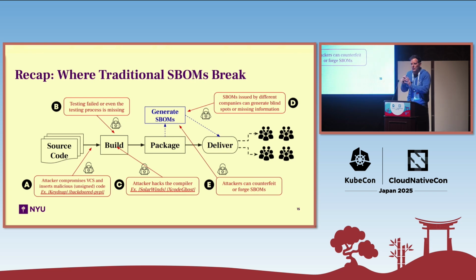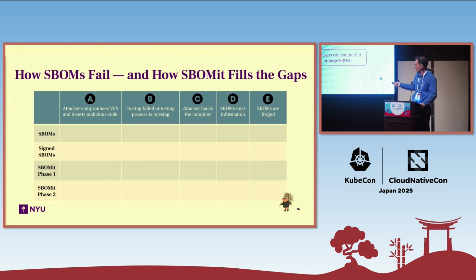We can't do anything about that because we just take a picture of, the compiler got this stuff in and it produced this stuff and it's your compiler, so it should be okay. Those types of attacks are more difficult, and there are other projects, reproducible builds and stuff like this, that address those. So if you use that, you'll get that fixed anyway.